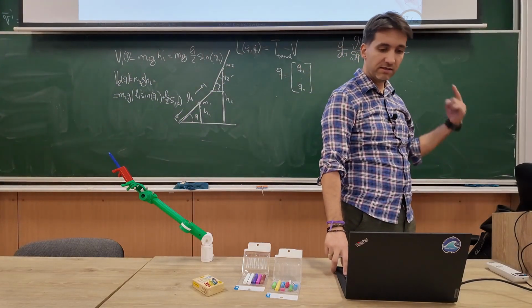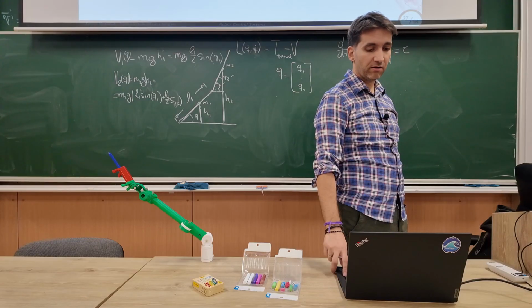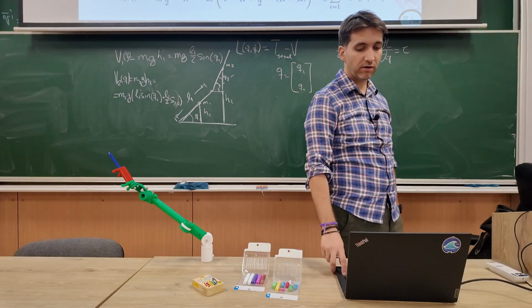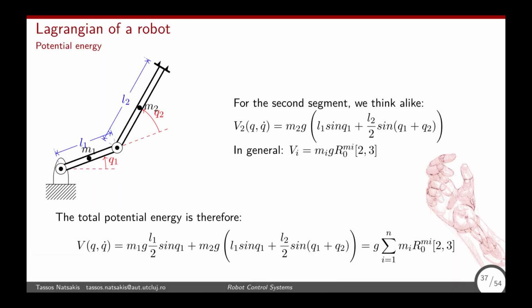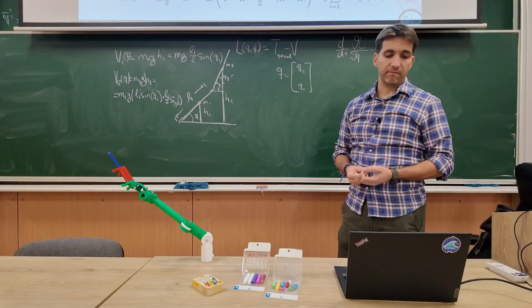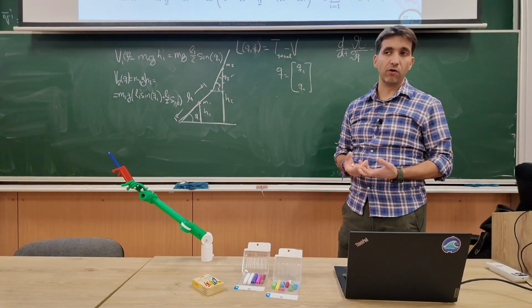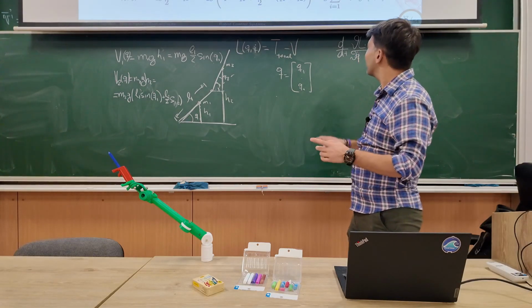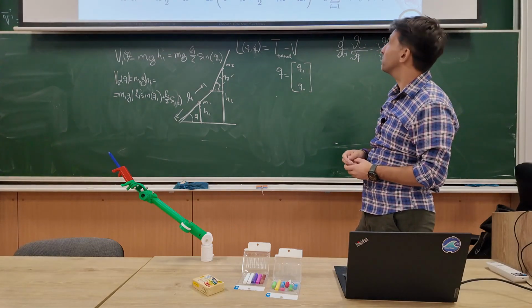Great. So if this is the potential of the second mass, then the overall potential will be what? We'll have this form. M1G L1 over 2 sine of Q1 plus M2G, this whole term. Or if I want to describe it in terms of forward kinematics, I corrected the slides, but it seems they didn't make it to production.